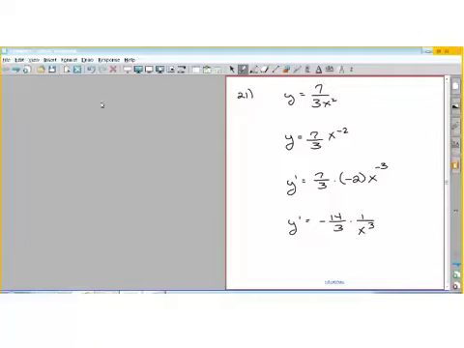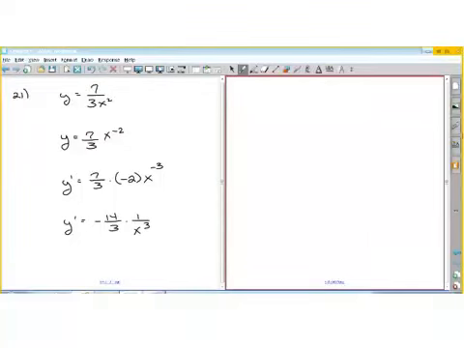Now you could have used the quotient rule, so let's just prove that this is true. And some people do this not to prove that it's true because they forget to do this part. They go, oh, it's still a quotient. So what they do is they say f of x is equal to 7, g of x is equal to 3x squared. So then you use the quotient rule, and you get 0 for f prime of x. g prime of x is 6x.